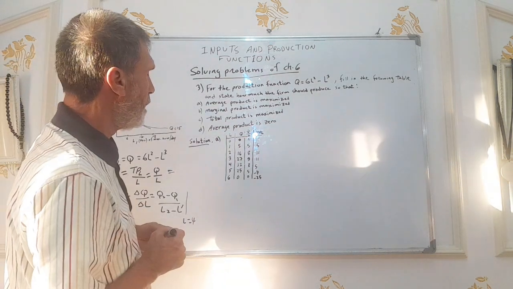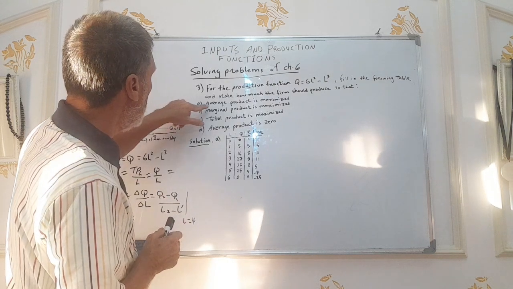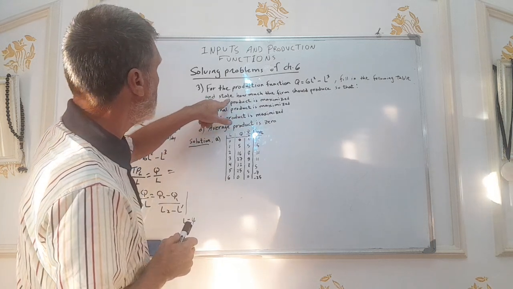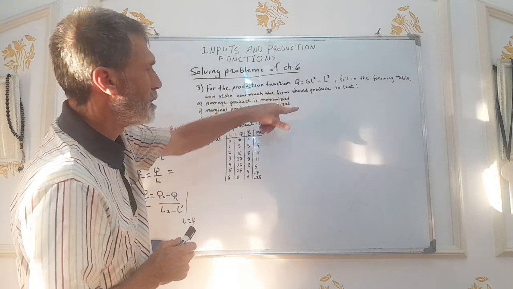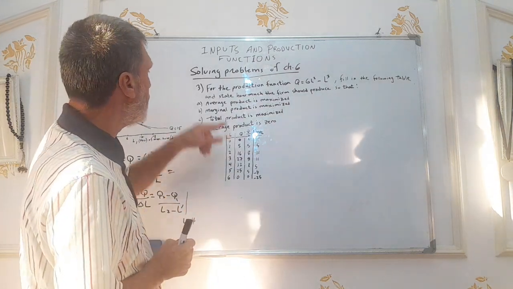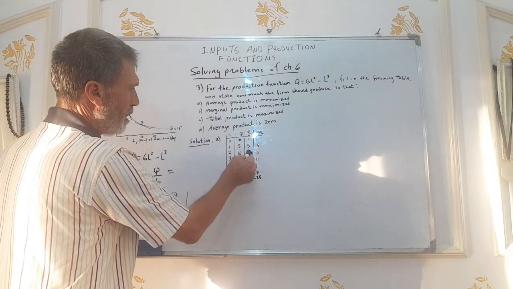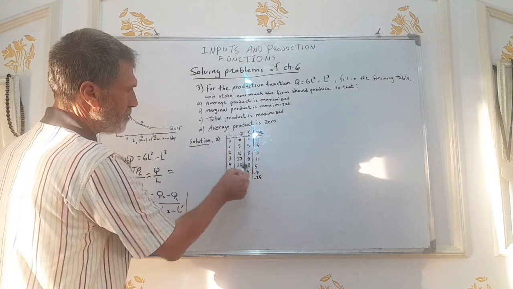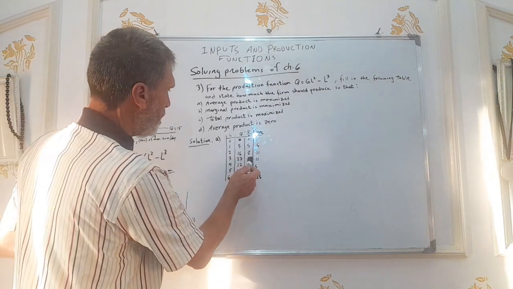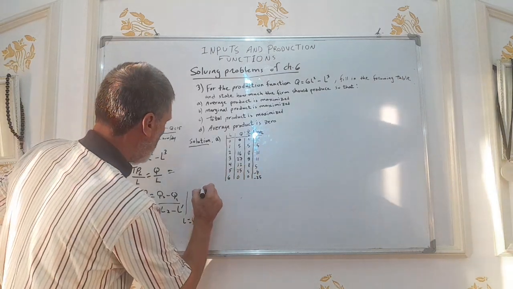Now, the first question A says, how much the firm should produce. Let's look at the value of the input so that average product is maximized. If you look at the average product, which value is maximized over here?